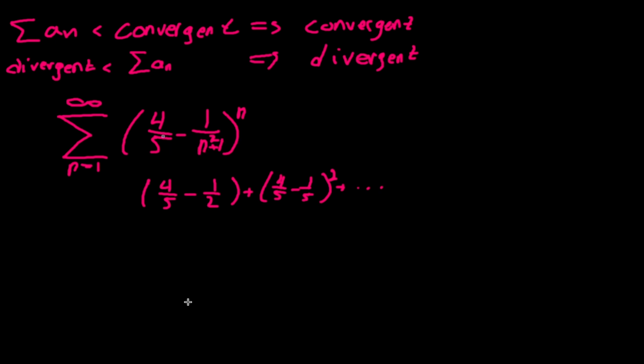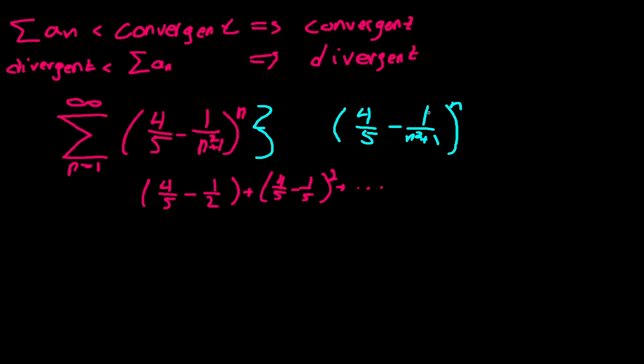Is this series going to converge or is it going to diverge? Well, let's look. This portion right here, this is (4/5 - 1/(n^2+1)) to the power of n.